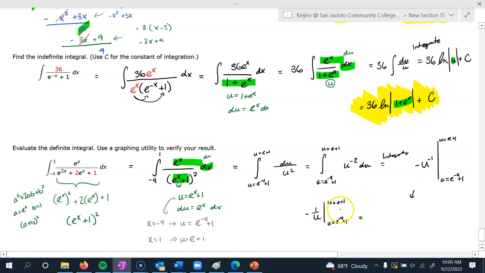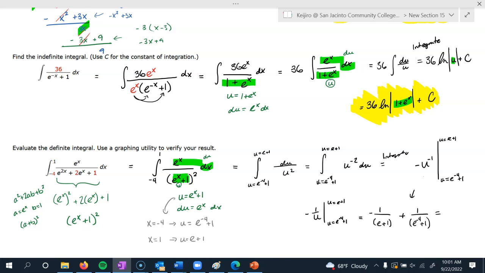Okay, so now if we plug these things in, it's negative 1 over e plus 1 minus negative, so plus 1 over e to the negative 4 plus 1. Which, I mean, that's an exact answer. I guess there are ways that you could simplify it.